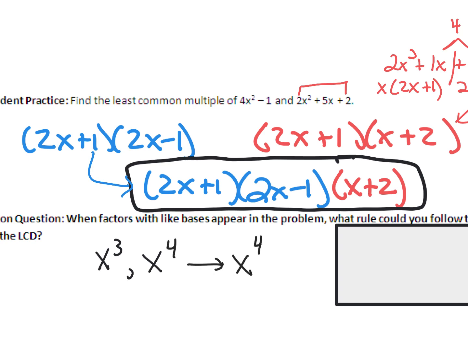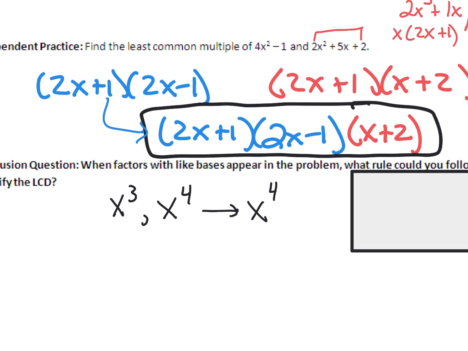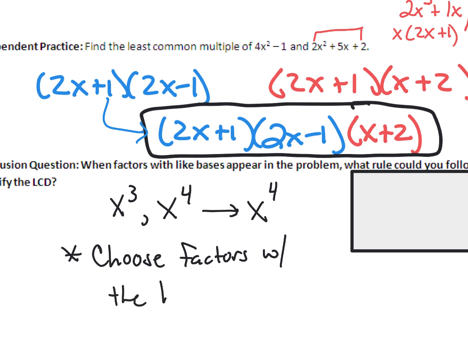What shortcut could you take? Tyler knows. Yeah, choose the factor with the highest power. You put it pretty simply. I'm stealing it. Nice job. So that's the answer to your conclusion question, and that's a shortcut if you see it.